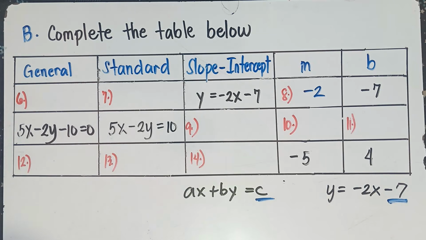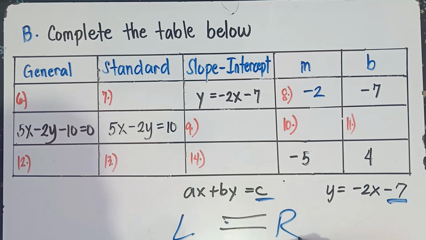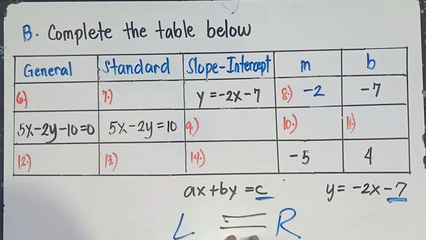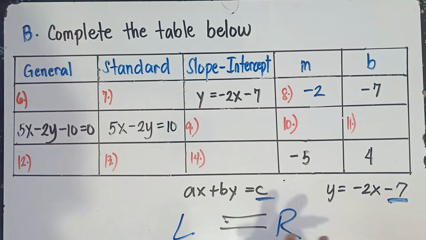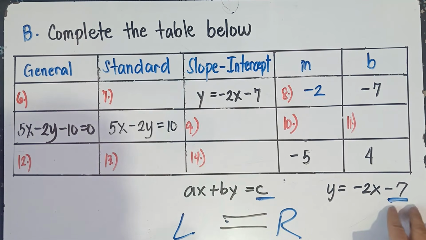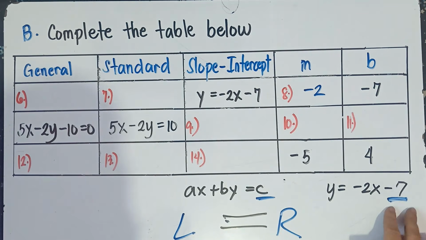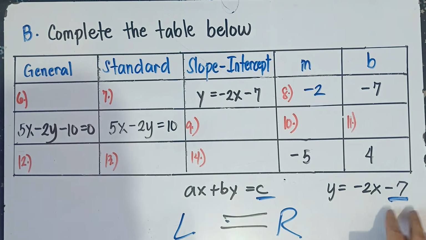I hope you're not confused with regards to this one. The equal sign is the center, this is left, this is right. So negative 7 is already on the right side, so no need to transpose negative 7.